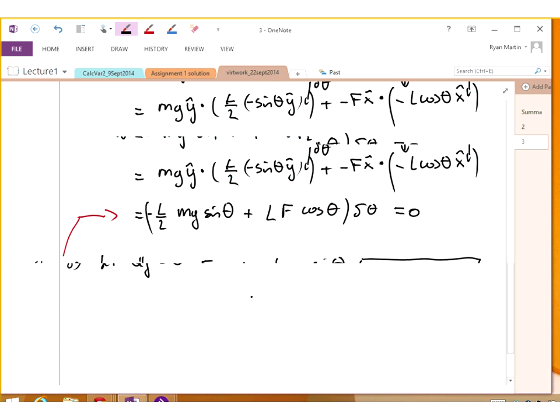It's the sum of i equals 1 to 2, because we have two forces, of Fi dotted with dRi by dQj. And so that's, of course, what we've already evaluated.